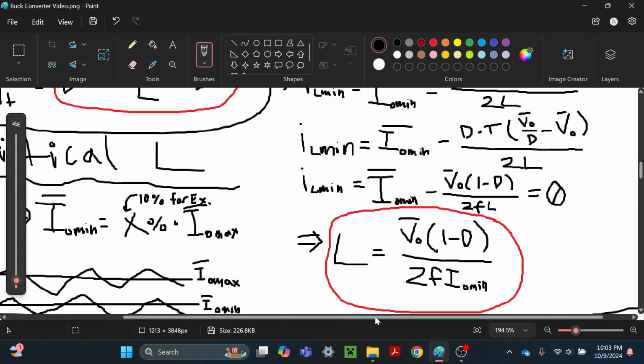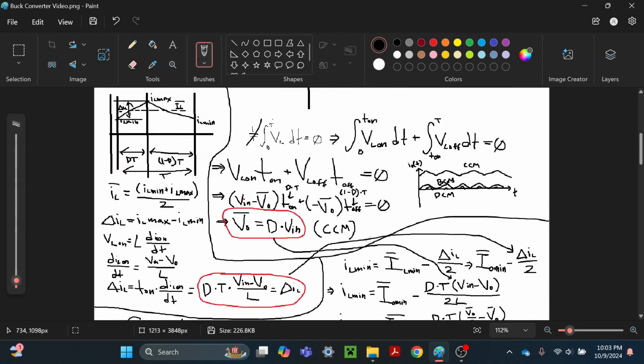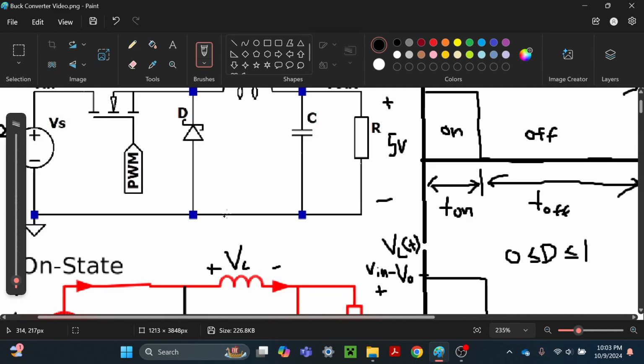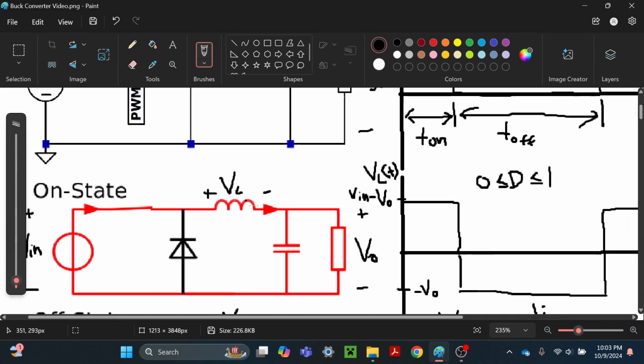And a good rule of thumb would probably be to say L plus 10%, just to account for any voltage drop that is actually created across this winding due to its resistance.